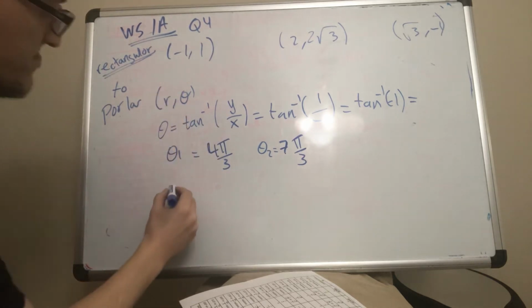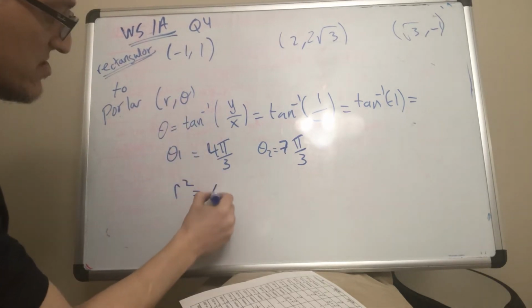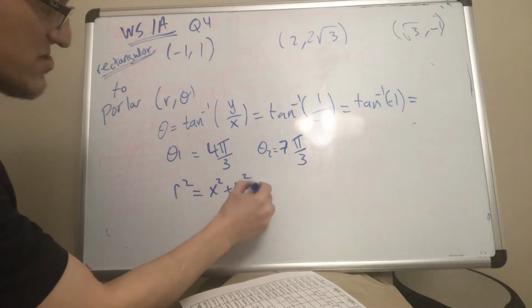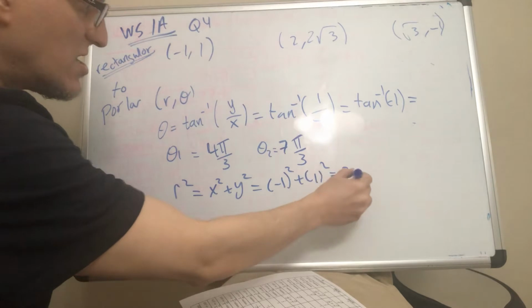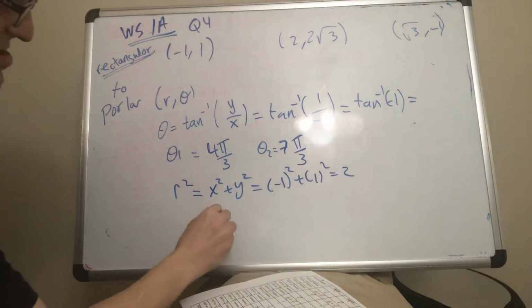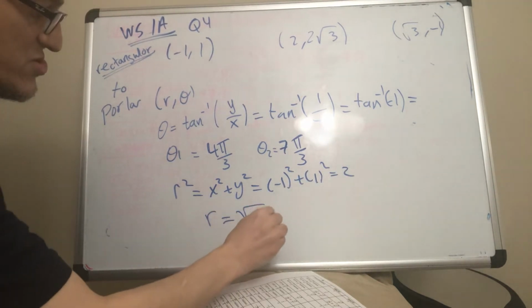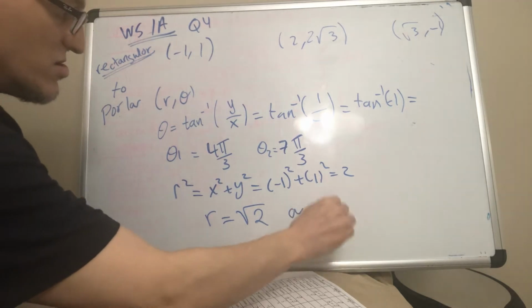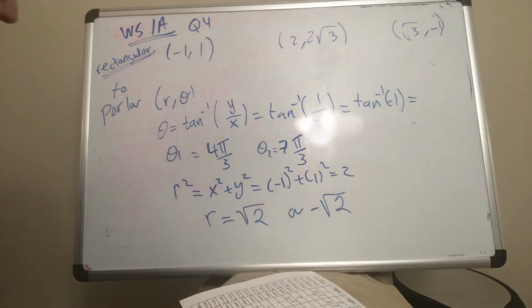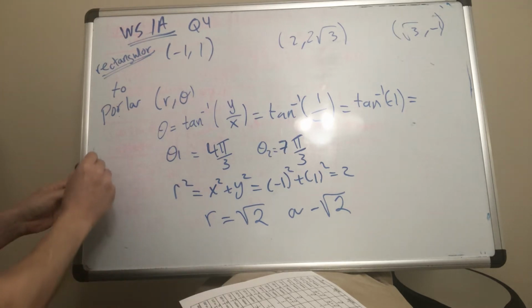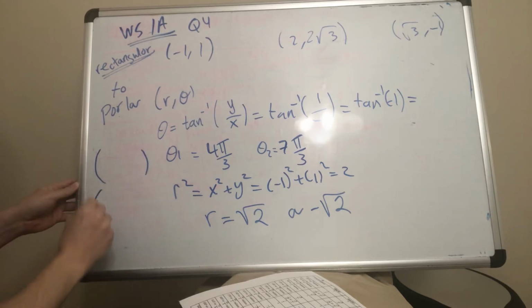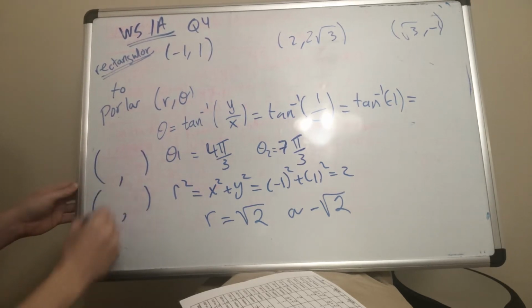To do r, r squared is x squared plus y squared. So r squared is 2. Then r is root 2 or minus root 2. So there are two representations of this point. You can represent it in two different ways.